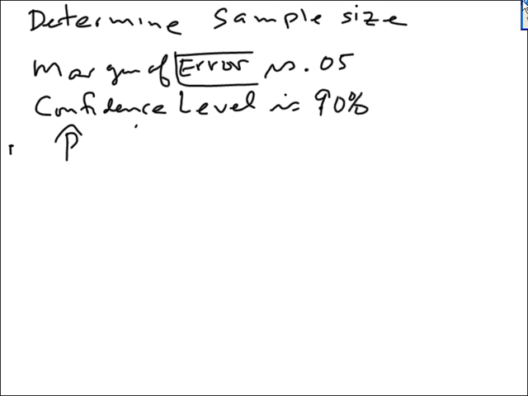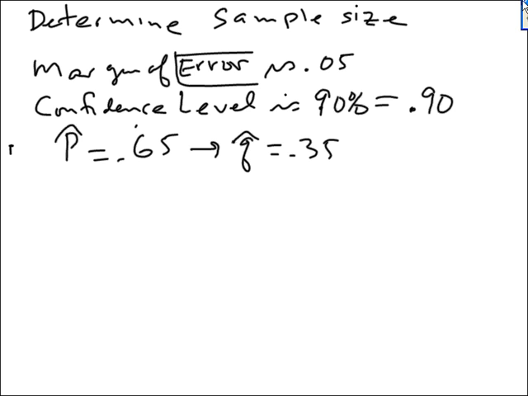And you come to learn that p hat is 0.65. If p hat is 0.65, then q hat must be 0.35, because they have to add up to 1. 0.65 plus some number should give you 1.00.